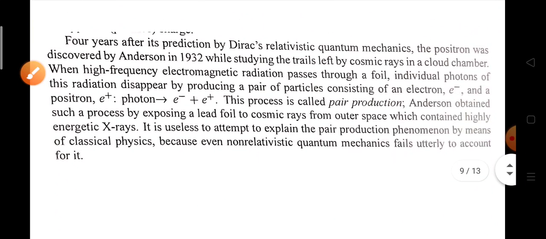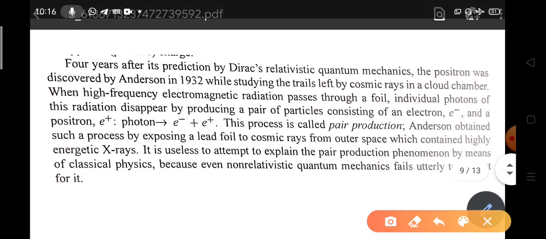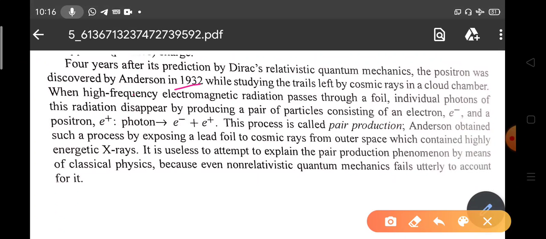Now it was experimentally verified in 1932 by Anderson, and he discovered the positron, for which he got the Nobel Prize in physics. How did he discover that? He was studying the trails left by cosmic rays in a cloud chamber, and cosmic rays are high energy electromagnetic radiation like gamma rays.